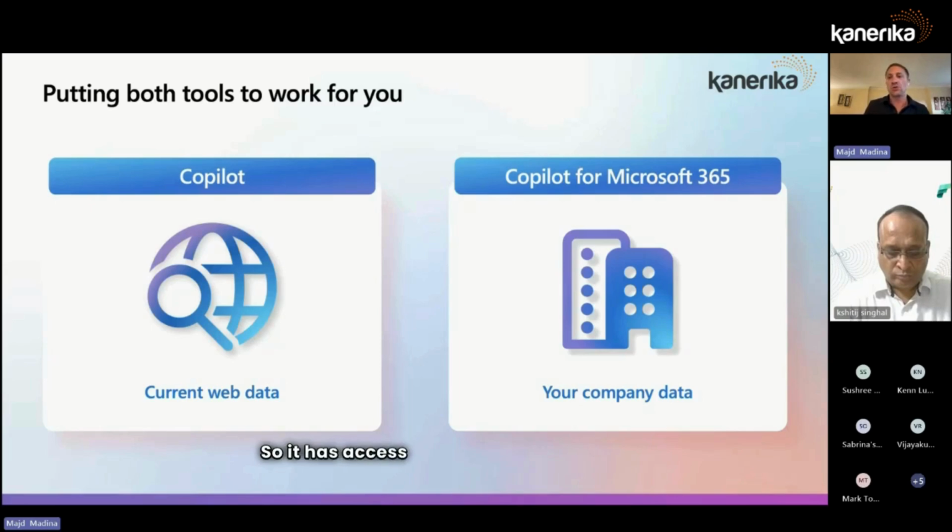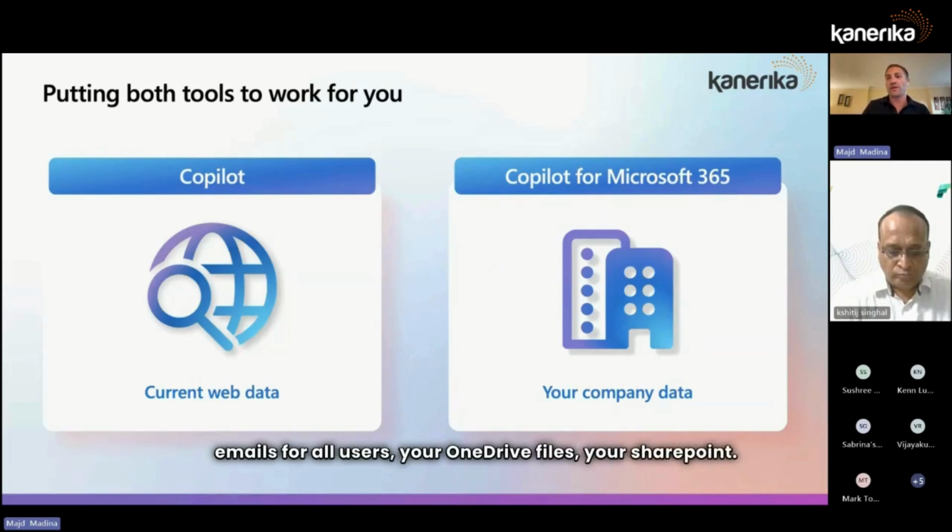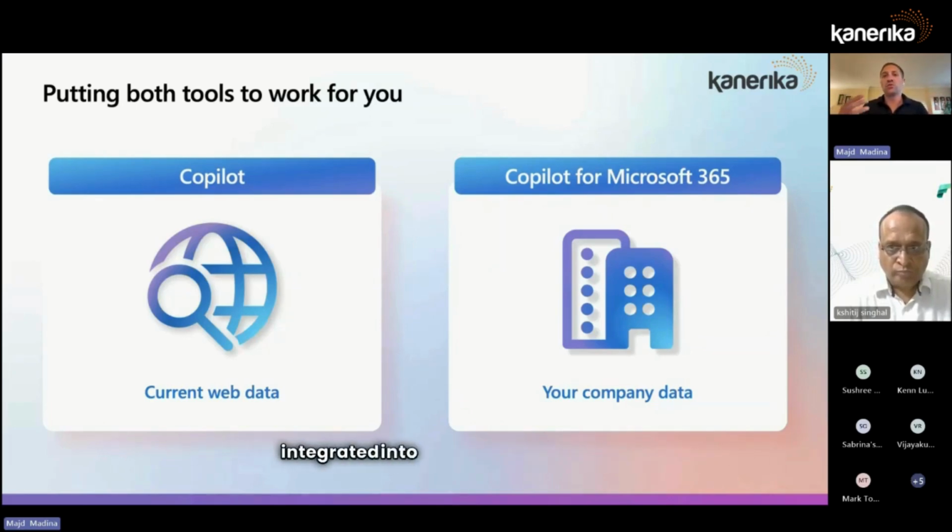So it has access to your Teams messages, your emails, your OneDrive files, your SharePoint. It knows everything about your company, and it's integrated into each and every Office app. So if you open Excel, you'll have Copilot there waiting to prompt, right? And we will see how powerful it is.